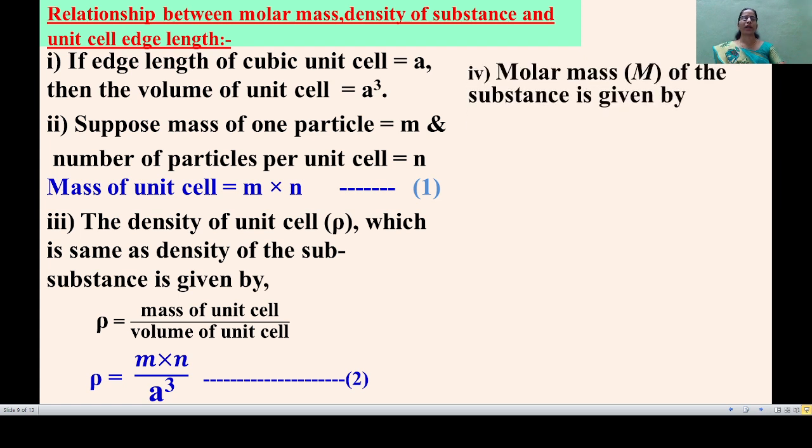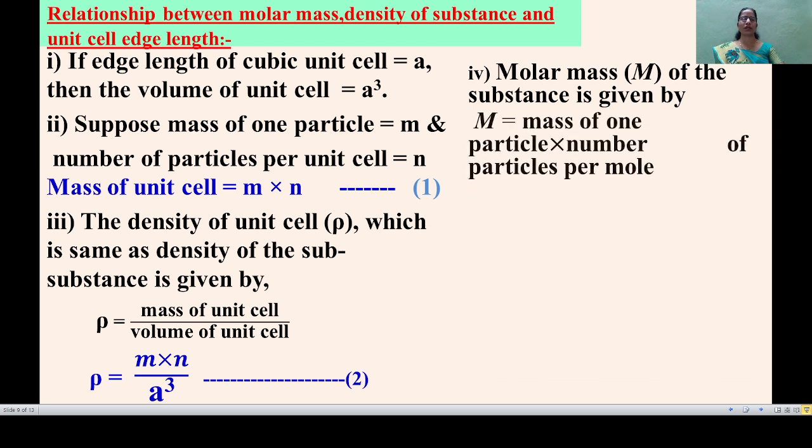Now we will determine the molar mass of the substance, and it is given by the formula mass of one particle into number of particles per mole. We know the definition of molar mass. Molar mass of any substance is the mass of 1 mole of the particles in that substance, and we know that 1 mole of any substance possesses Avogadro's number of particles.